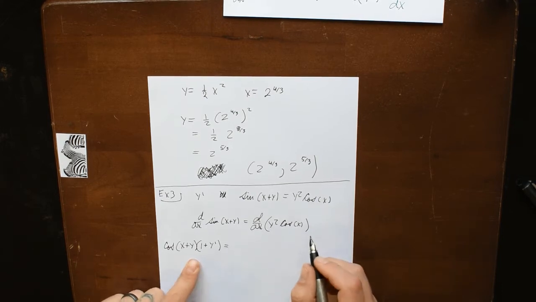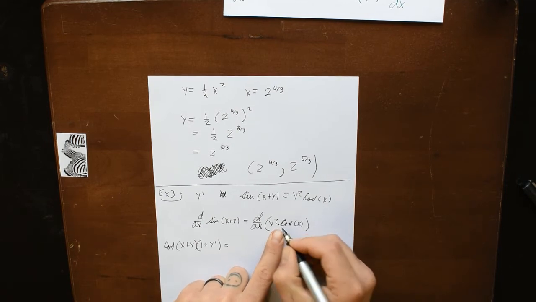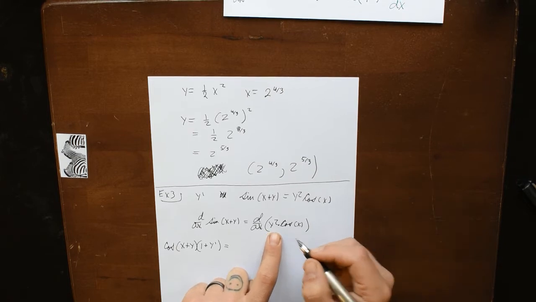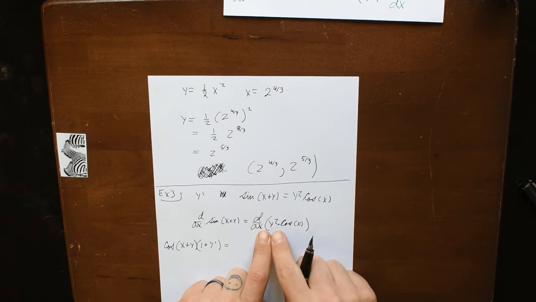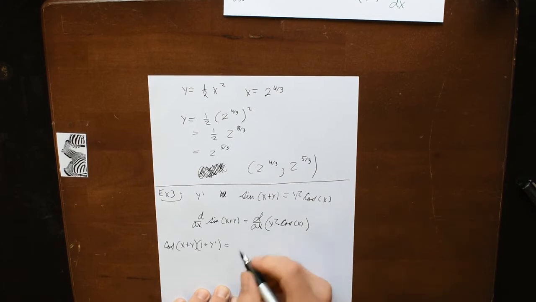That has to be equal to the derivative of the right-hand side. The derivative of the right-hand side, the first thing we're going to do is a product rule. And then part 1A of step 1 of the right-hand side is a chain rule. So we're not doing too much at once. I'm just going to write this.